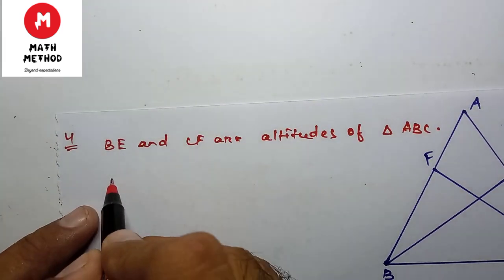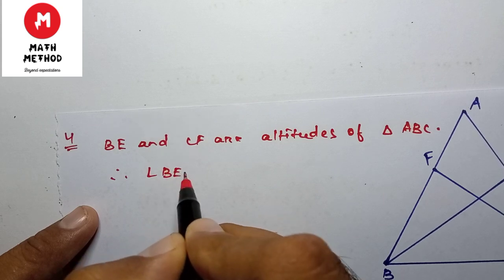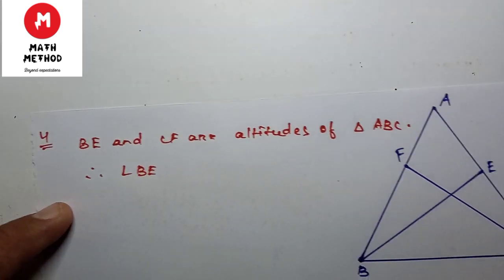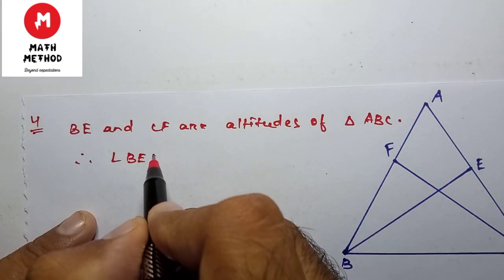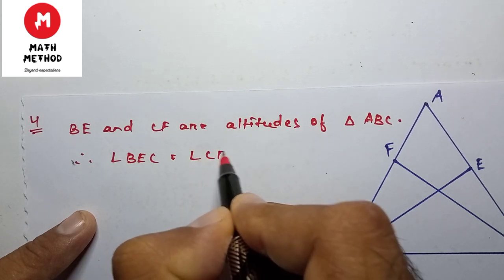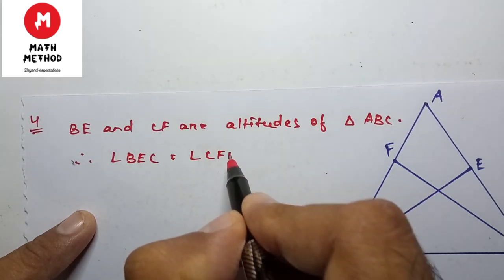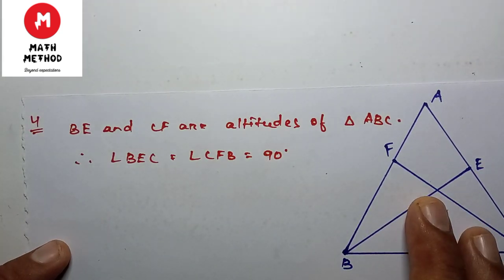So therefore angle BEC is equal to angle CFB is equal to 90 degrees, because BE and CF are altitudes.